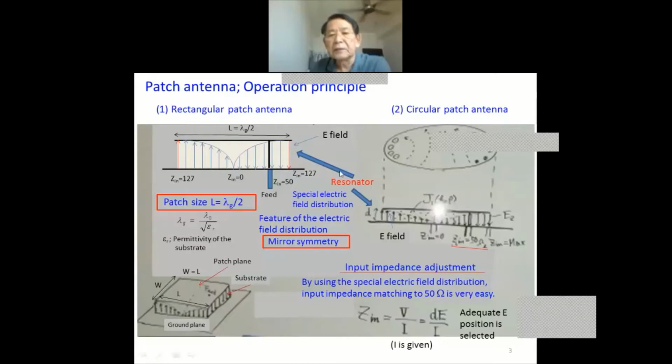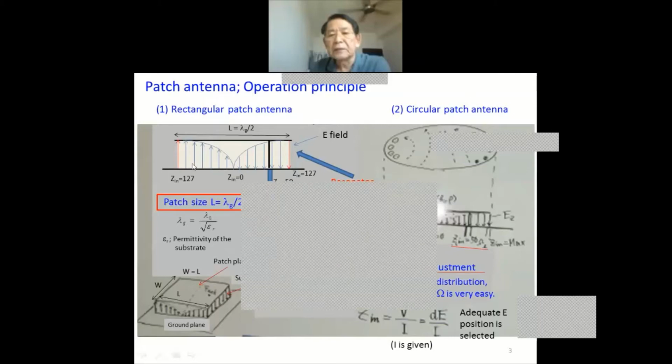So the resonator has a very special electric field like this. At the opening part of this resonator, the electric field becomes highest, and coming to the center, the electric field reduces, and at the center, the electric field becomes zero, and from here to the right side, the orientation of the electric field becomes inverse.